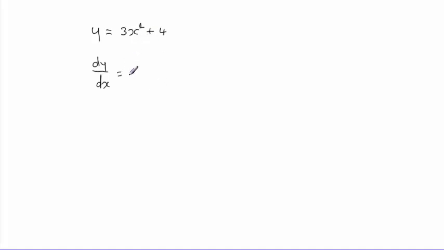So you have 3, then you have a 1, and you have x to the power 1 minus 1, plus the derivative of 4, which is a constant, which is 0. Then we end up with 3 times x to the power 0, which gives us 3. That's how to differentiate that function.